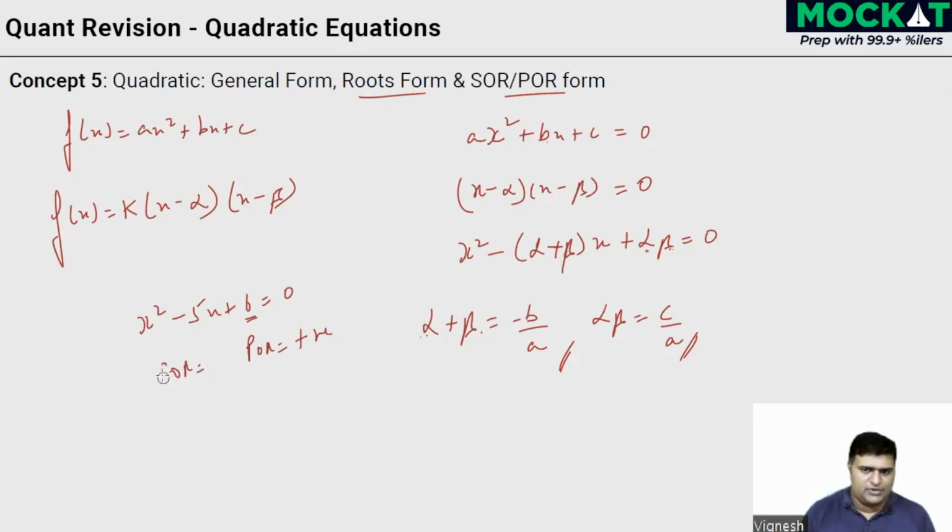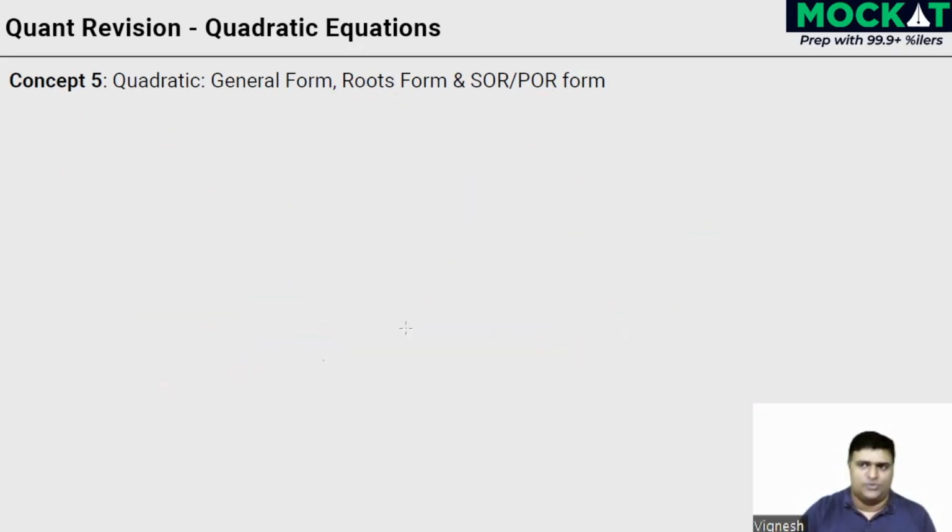Sum of roots over here is also positive because minus b by a, minus of minus 5, which is a plus 5. If sum of roots is positive, product of roots is positive, both the roots alpha and beta are going to be positive and positive, right? By observing these two signs, positive, negative, whatever it's going to be. If this would have been negative, then I know one is positive, the other is negative, and so on and so forth, right? You should be able to conclude with those.